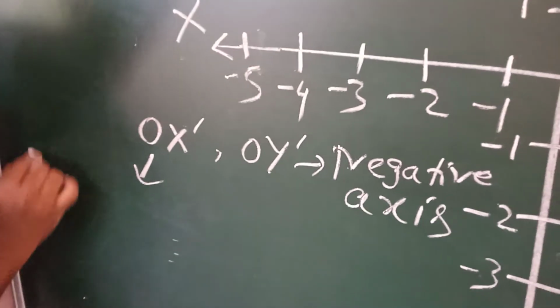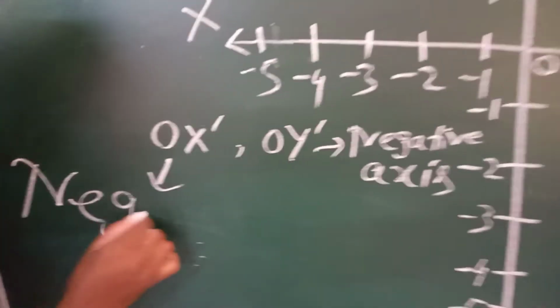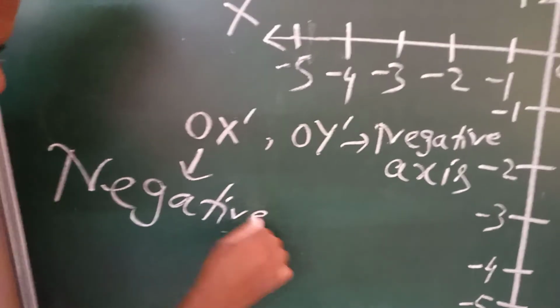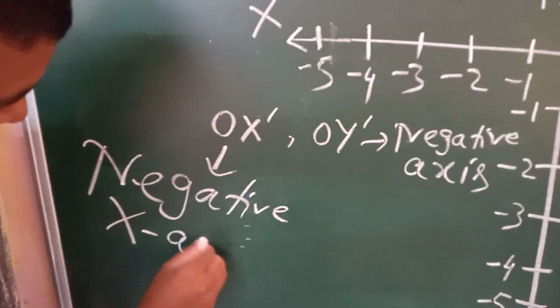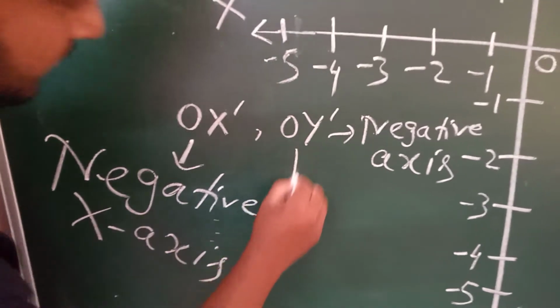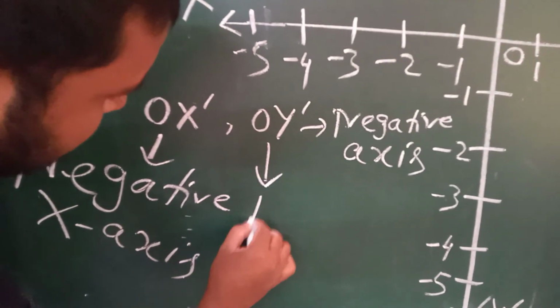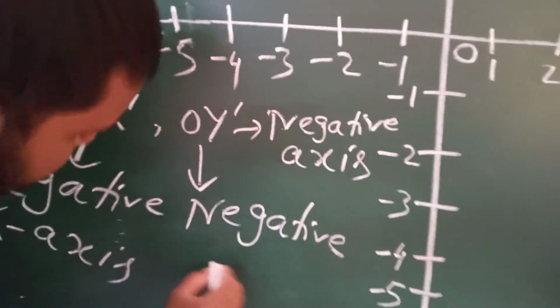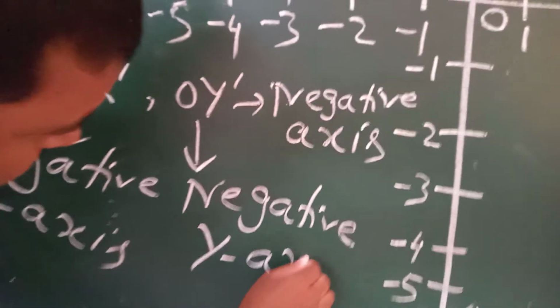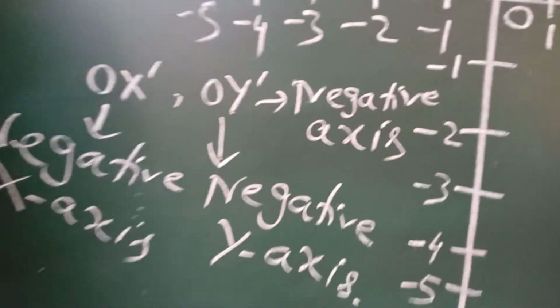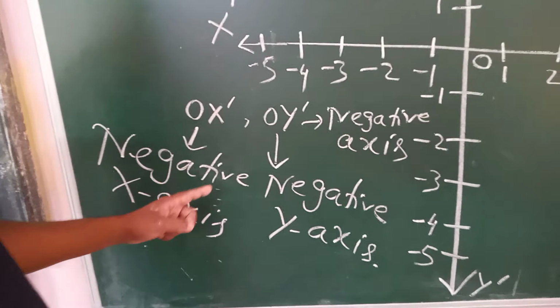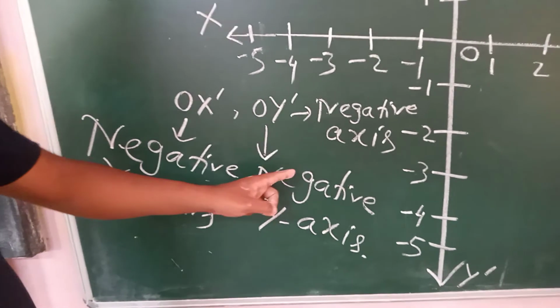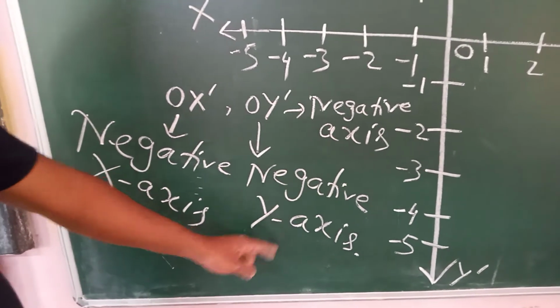OX dash is called negative x-axis and OY dash is called negative y-axis.